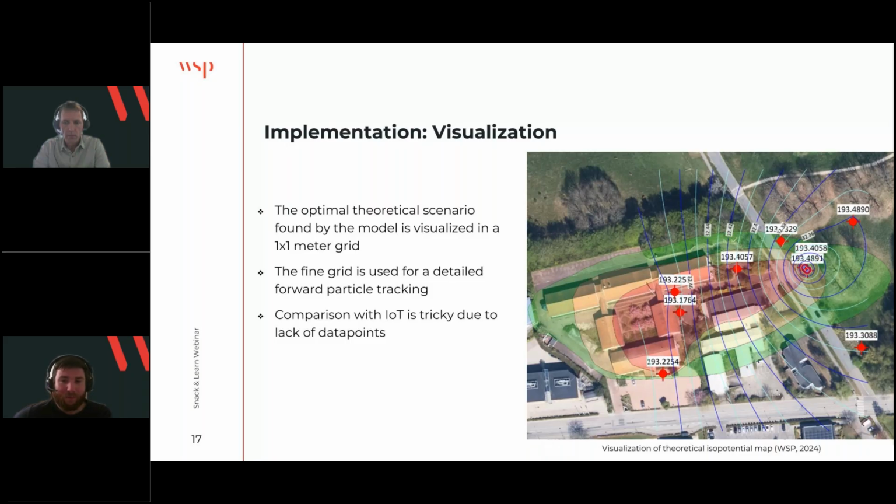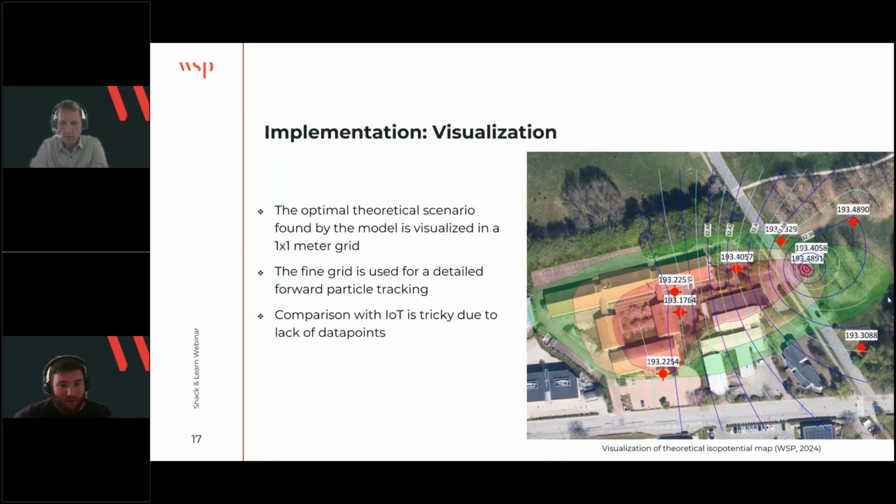And it's very hard to compare the theoretical isopotential map with the data from the IoT, because the observed data points will only be a few measurement points, and the observed map is then created with interpolation. It will not look like the theoretical one.